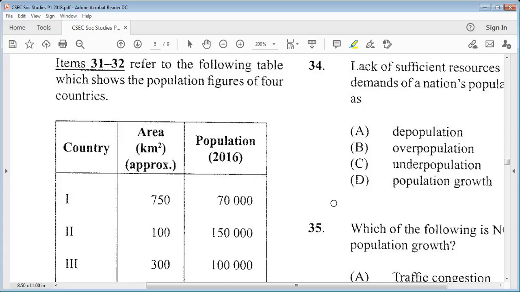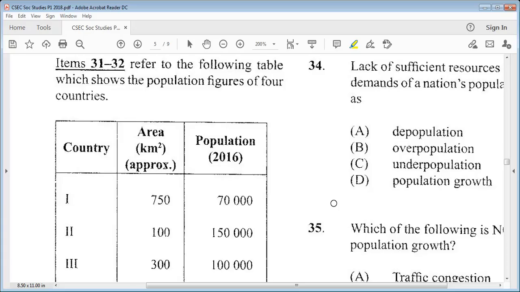So let's get into these questions. Items 31 to 32 refer to the following table, which shows the population figures of 4 countries. We have the area in square kilometers, and we have our population in the year 2016. Country 1 has an area of approximately 750 square kilometers, and the population is 70,000.